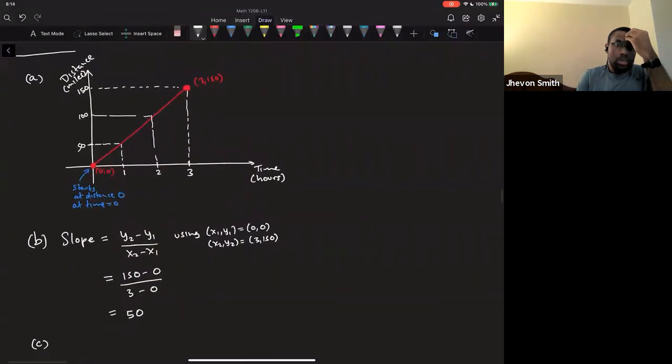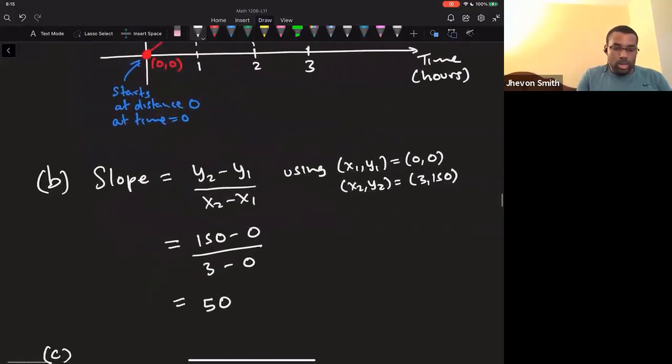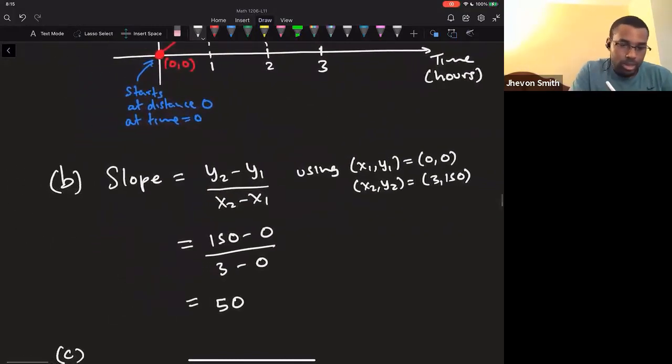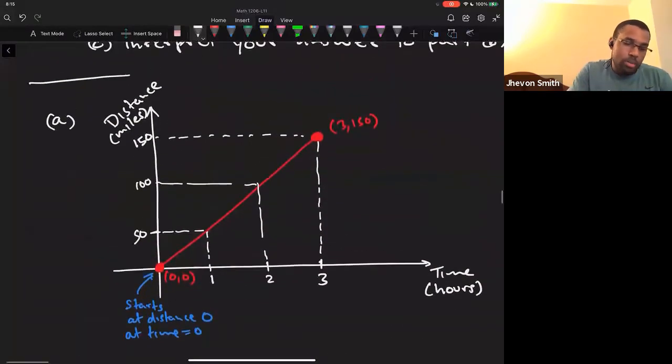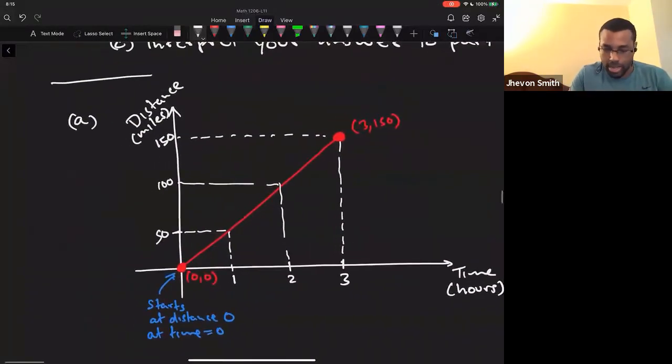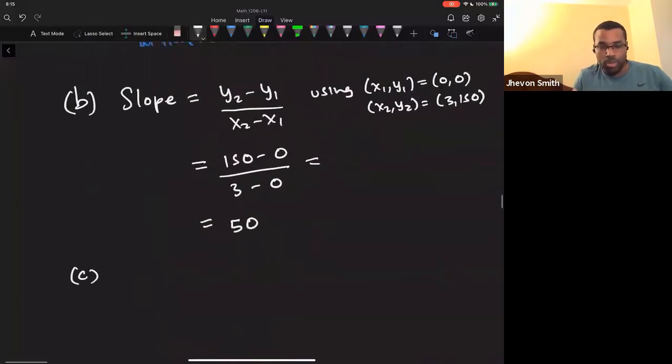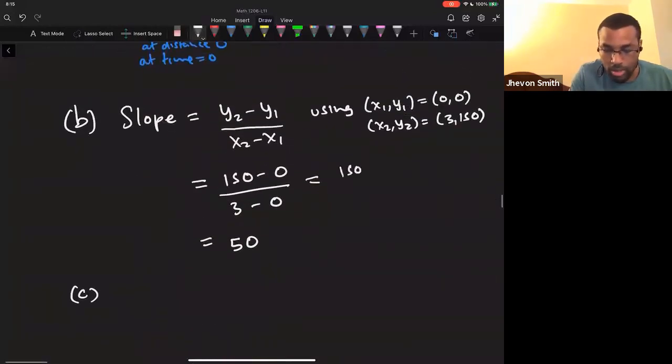Is it 50 miles per hour? It's 50 miles per hour, right? How do I know? Because the y values are measuring miles, that's what the axis is labeled as. So this is not just 150 minus 0, it's 150 miles minus 0 miles. So that's the units of the top.